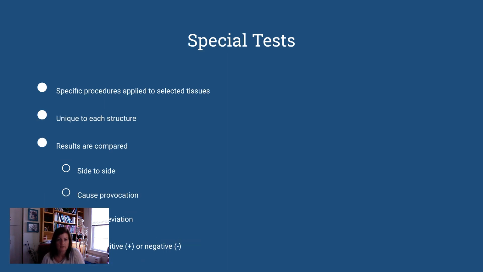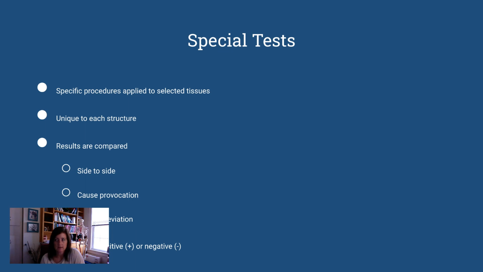And then special tests. We've got special tests that are available throughout the body, and the spine is no different. So we will have a whole cache of special tests that we're going to do for the spine, and these are going to be specific. We report them as either positive or negative, and these are going to help guide further examination and treatment.